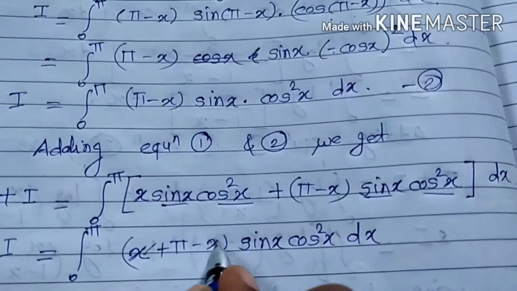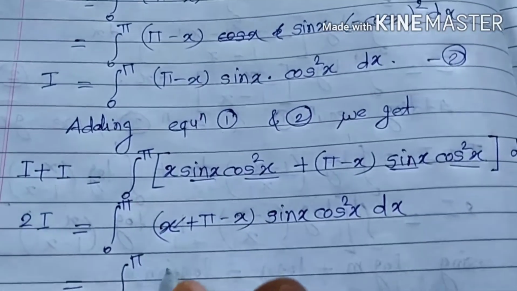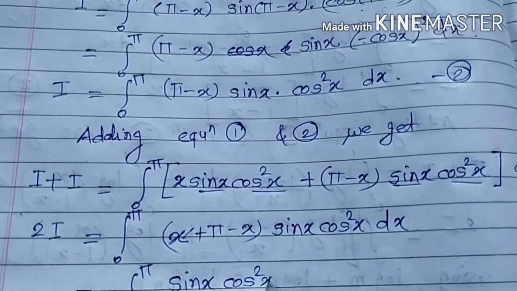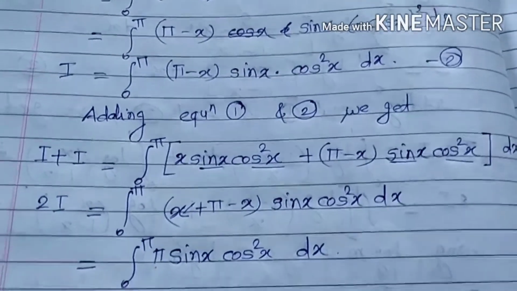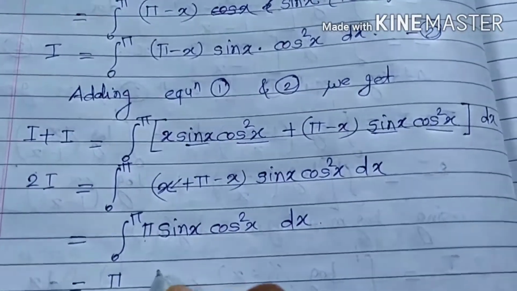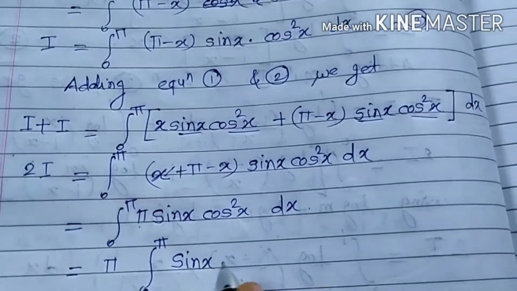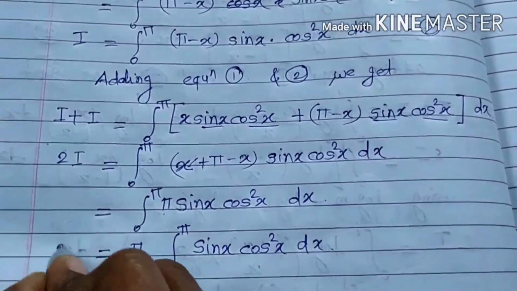So this plus x minus x gets cancelled and we get the integral from 0 to pi of sin x cos square x, and this is pi dx. Okay. So this pi is constant, so take it outside of the integration, pi times the integral from 0 to pi of sin x cos square x dx, and this is 2I.